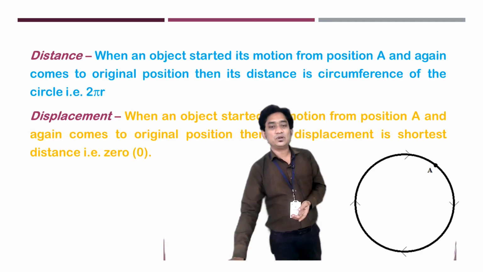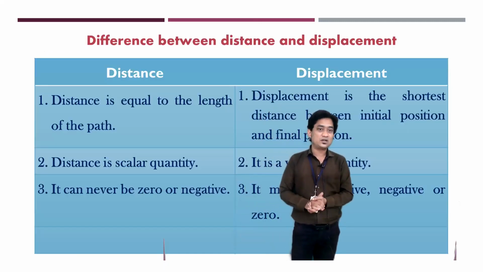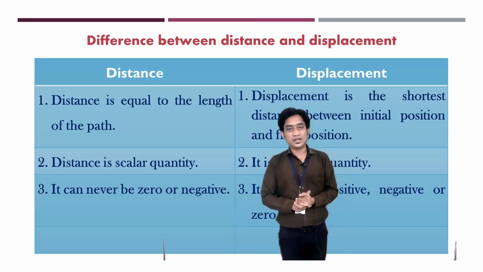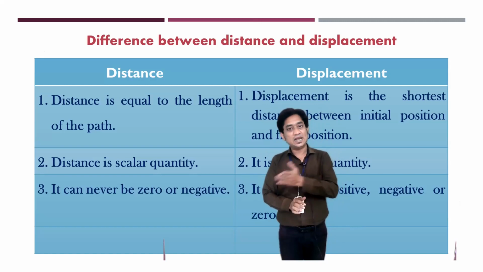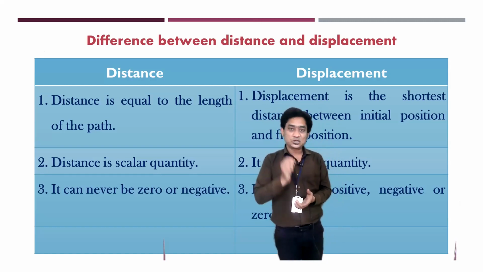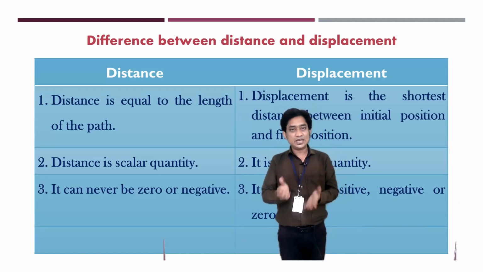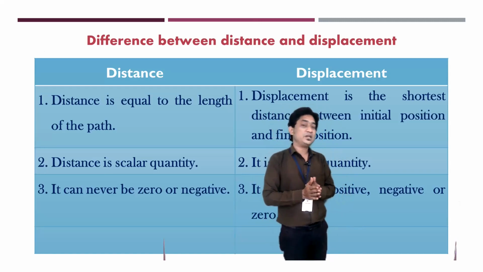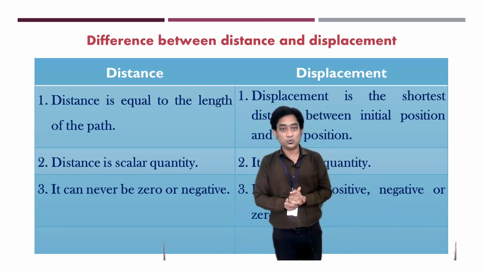So let's have a look at the difference between distance and displacement in short. First, the definition: distance means the actual path traveled by the body, and displacement is the shortest distance between the initial position and the final position. Second, if any object is in motion, then distance is never zero, but displacement may be zero. Why?